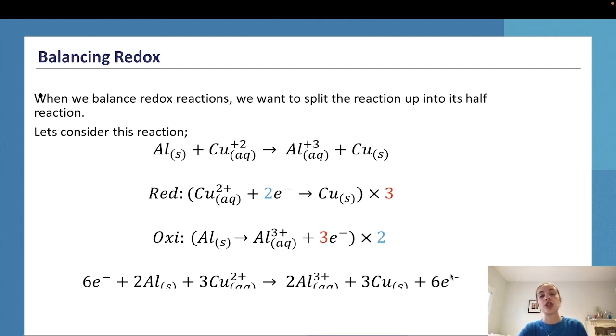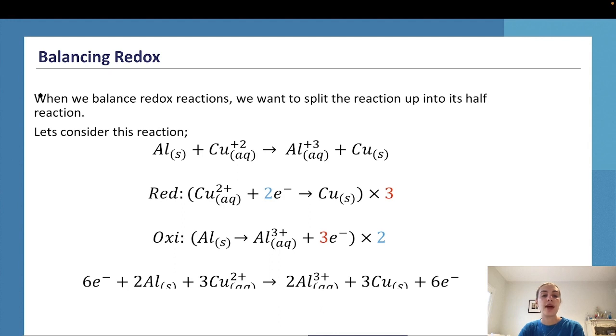Now we just want to check that we've balanced it correctly. We've got 6 electrons on each side, which we can cancel out because there's no actual net change between each side.